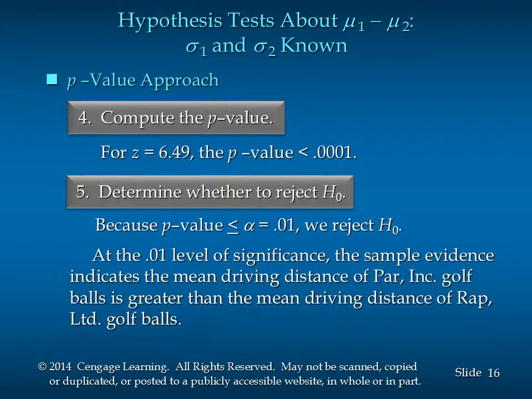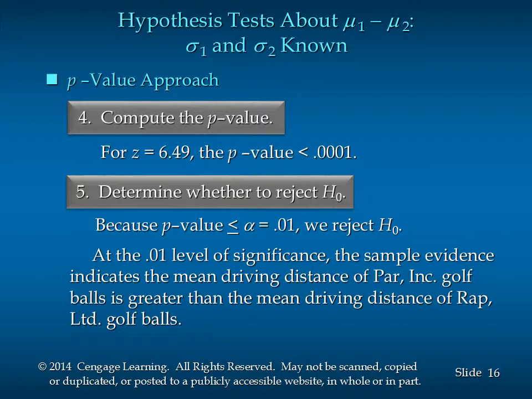So you've got a very strong indication that there's something going on. There's something happening. And therefore, you would reject the null hypothesis that they are equal, and you would come back and accept that they're different.